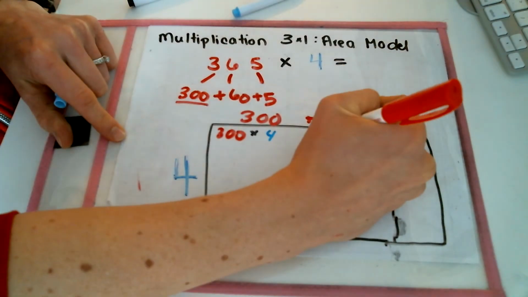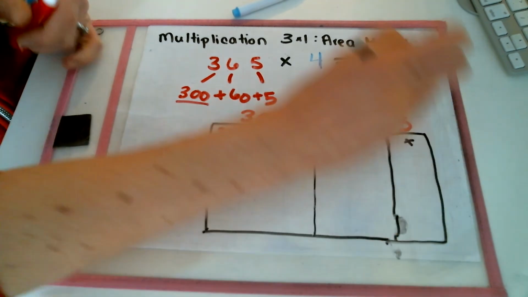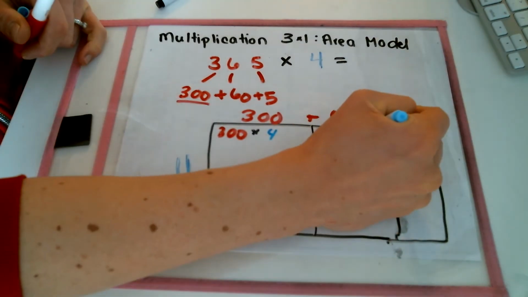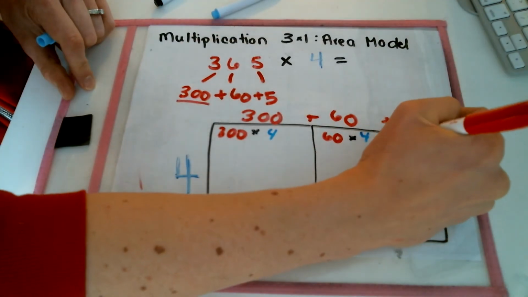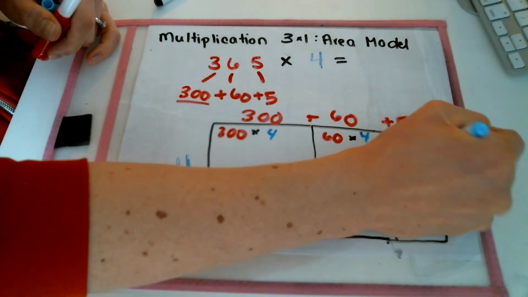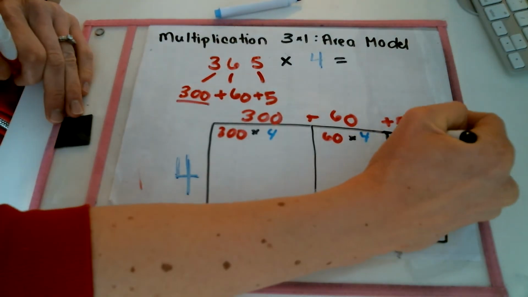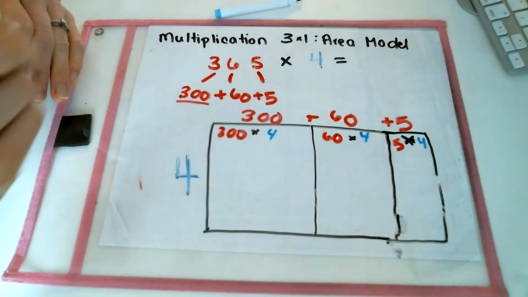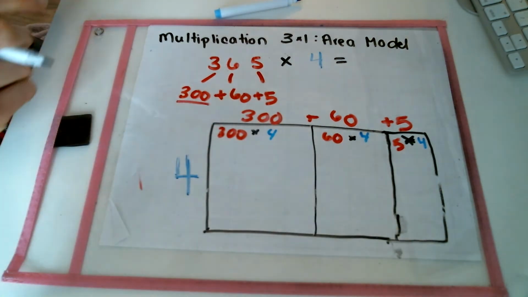In this box I'm going to solve 60 times 4. And in my last box, it's going to be 5 times 4. So now I have my equations. Hopefully you can tell that these are multiplication signs. Now I can multiply and find the area of each individual box.